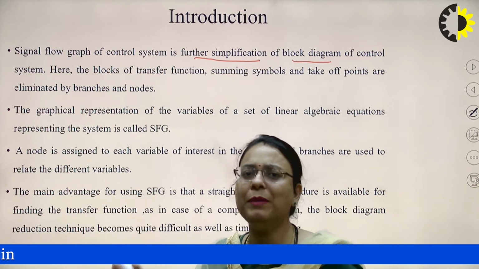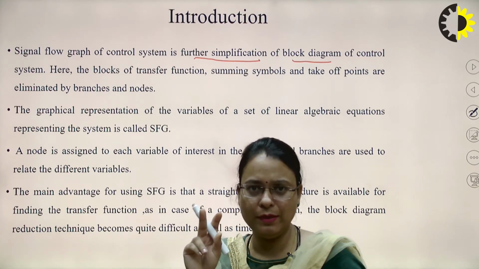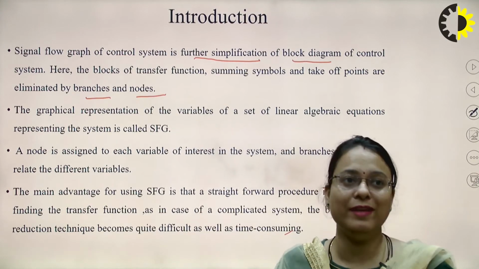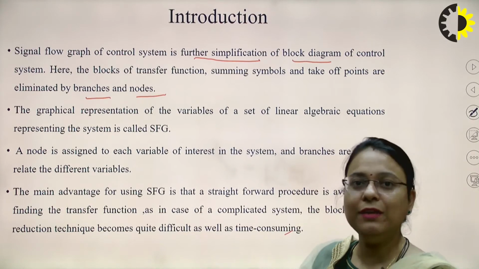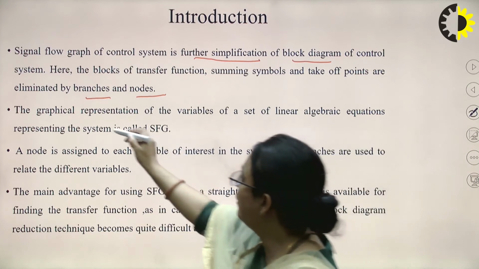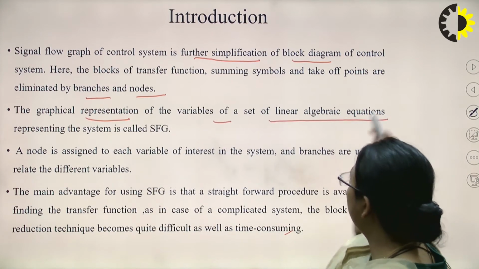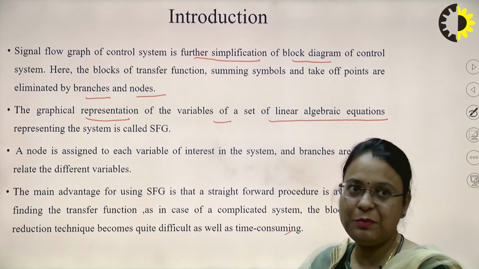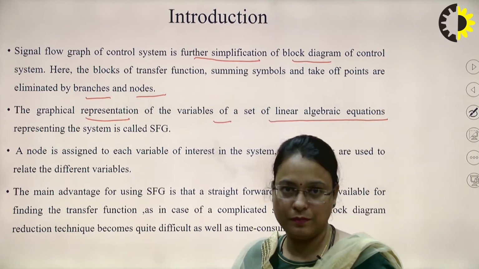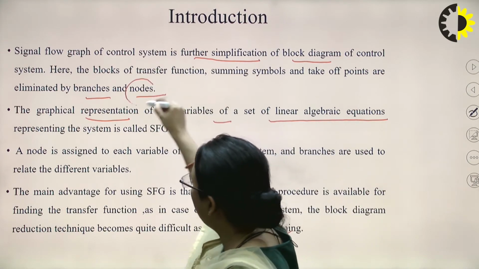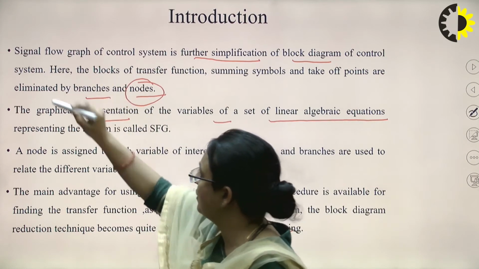These are all replaced by two elements, the node and the branches, in case of SFG. We can define SFG as the graphical representation of the variables of a set of linear algebraic equations which represent a particular system.